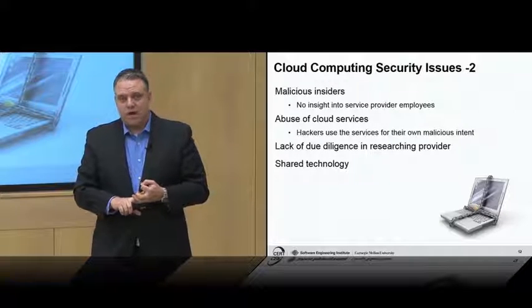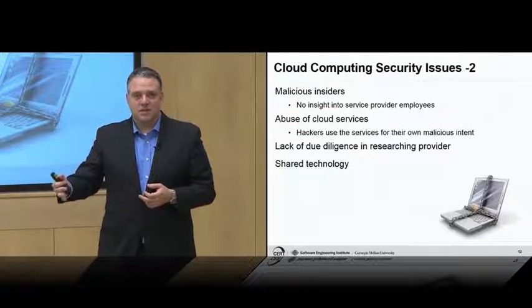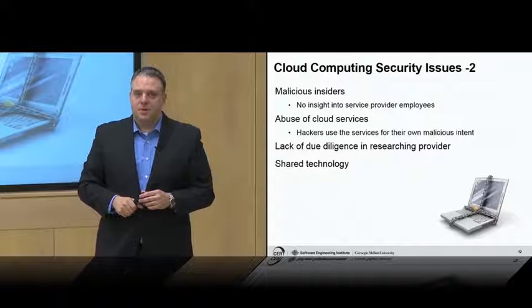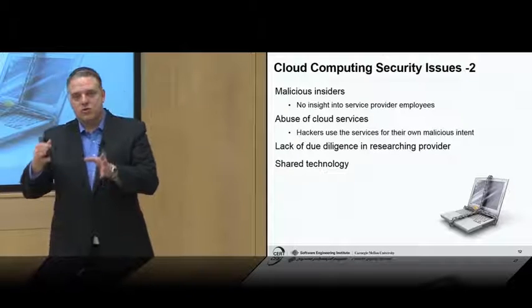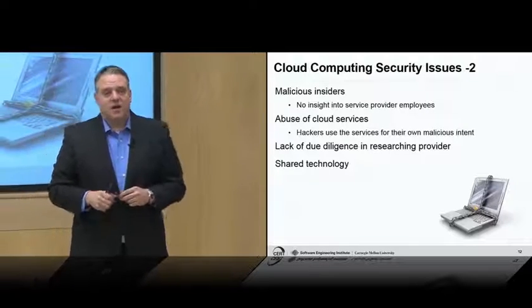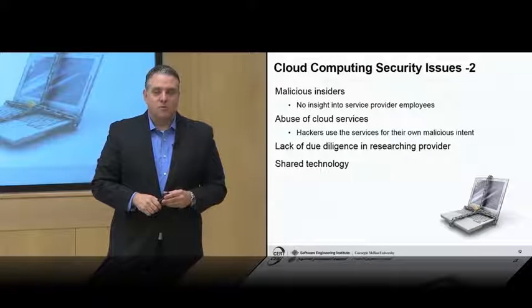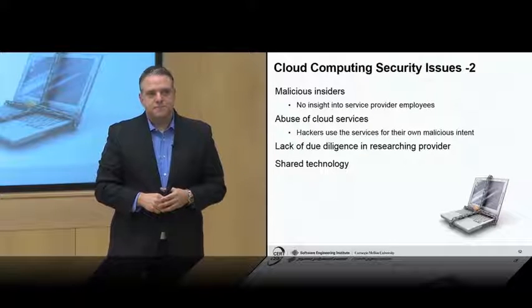Now, this is rare because these provider companies will go through background checks, they monitor, they have their own security infrastructure, so they're looking for this type of stuff. But it is a risk because, again, you don't control that infrastructure, you don't control the people who have access to it, and that introduces a whole set of attack vectors that you may not previously have considered if you had it inside your network.